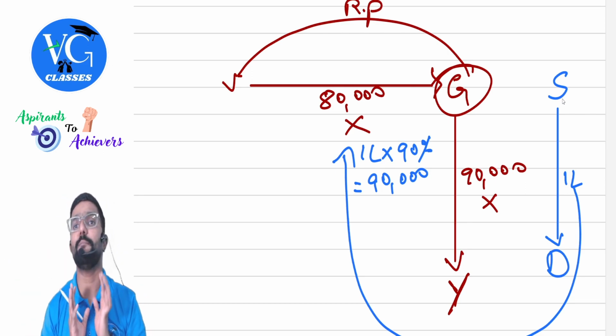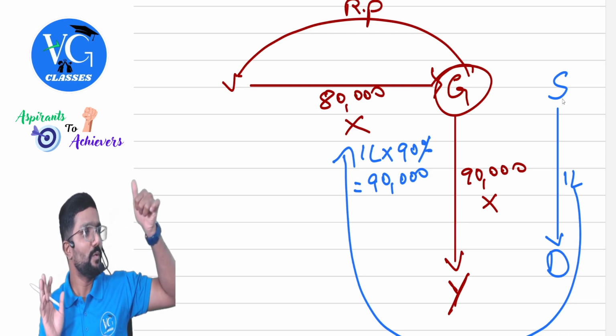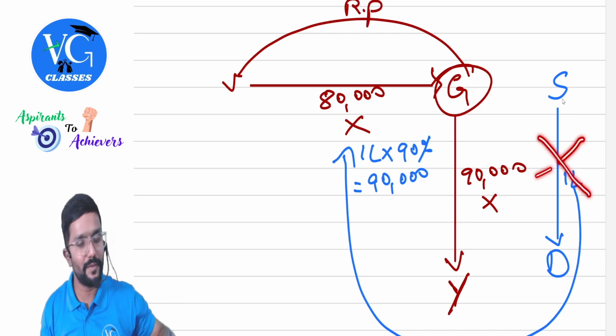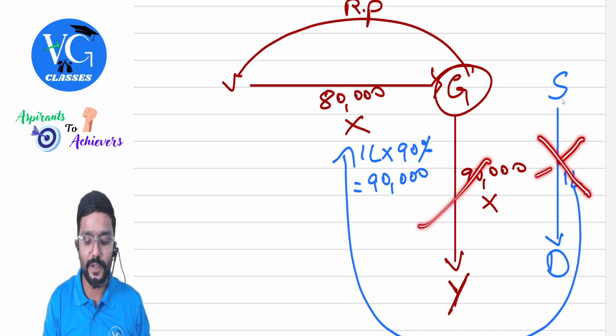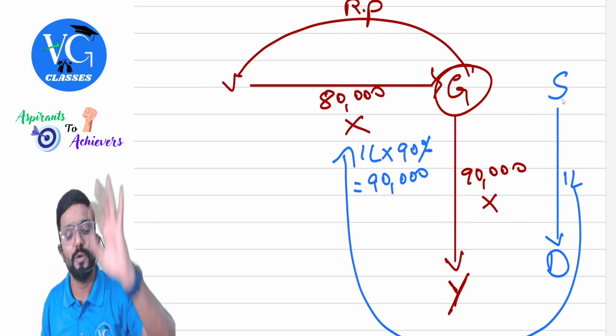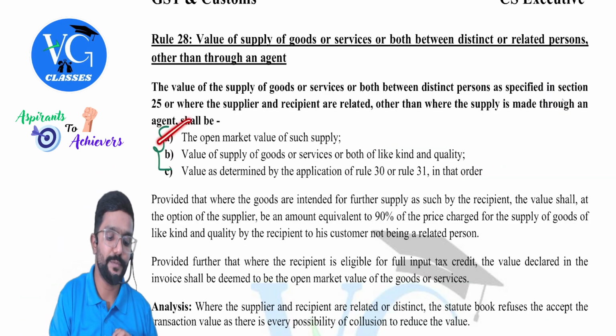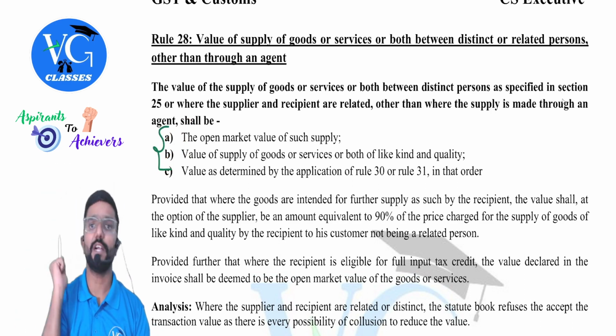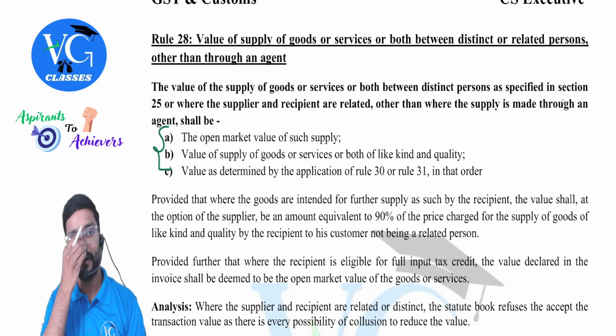We just took it for comparison purposes. Clear? If by chance this is not available, or this is not further supplied, or if these two people are related, then we take ABC only. We take A, B or C in that order.